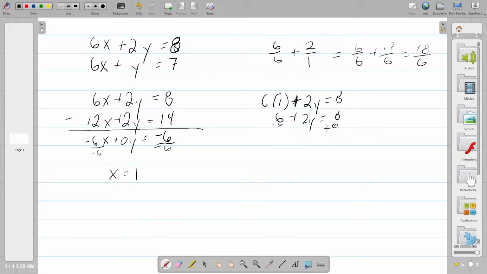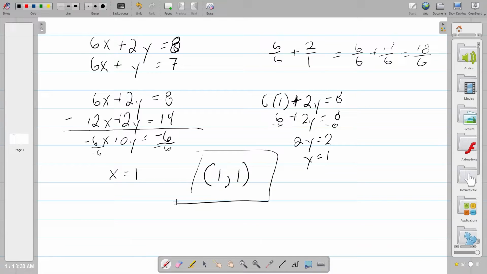Minus 6, minus 6. 2y equals 8 minus 6 is 2. y equals 1. And if you remember from earlier, we had come up with 1, 1 as the solution. So you can see that if you multiply to get a common, it's not a denominator in this case, but a common variable, it does not change the answer. The answer is the same.